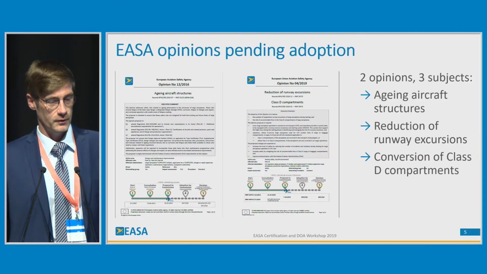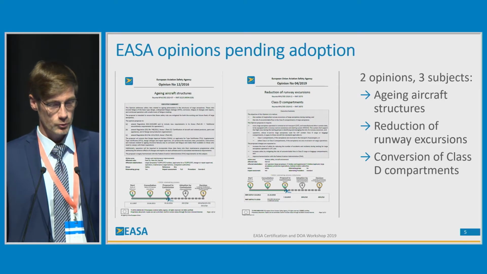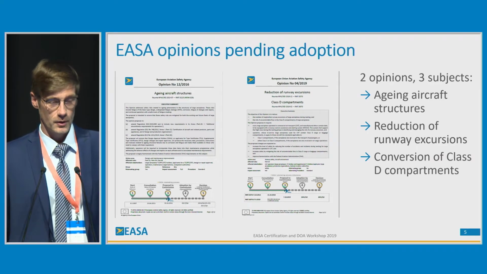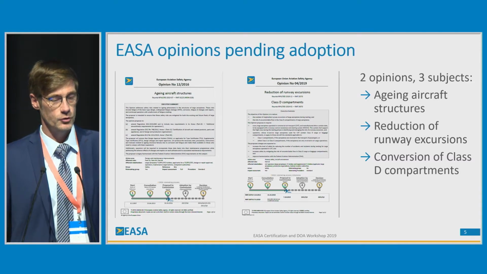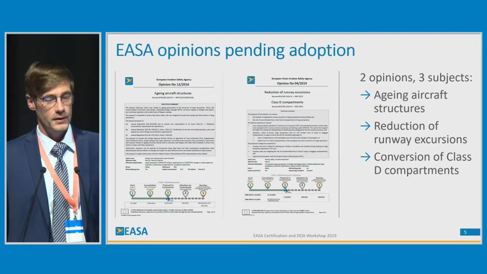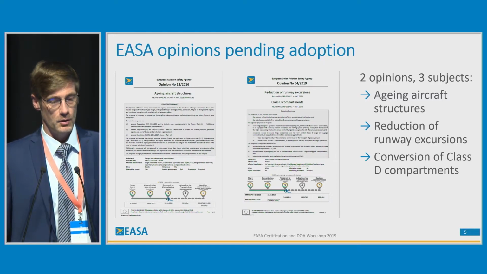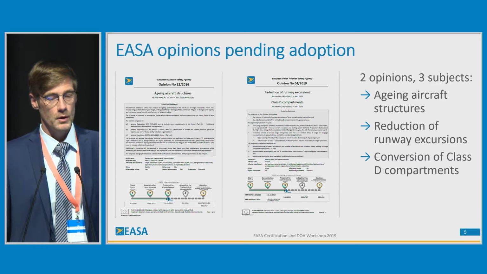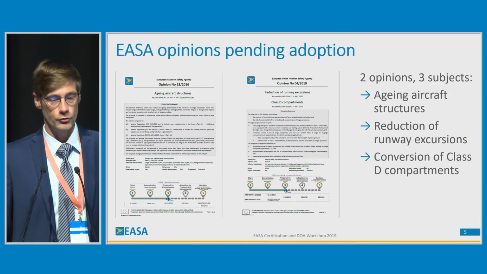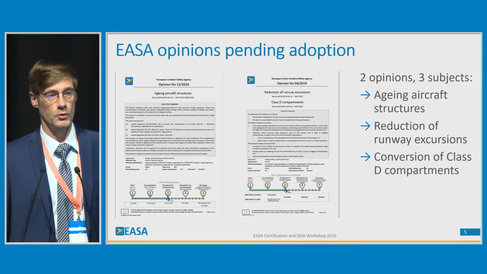The first topic is quite an old one. It's about aging aircraft structure. We issued the opinion in 2016. And then there is a recent opinion from a couple of weeks ago, which addresses two topics: the reduction of runway excursion and the conversion of Class D cargo compartments.